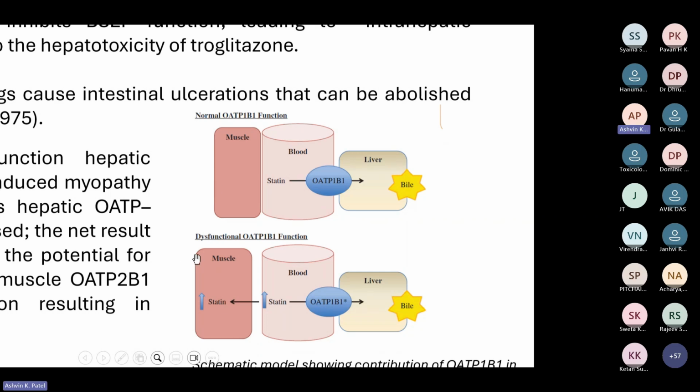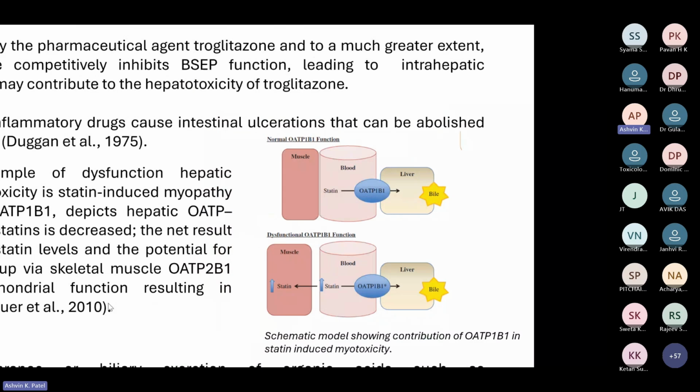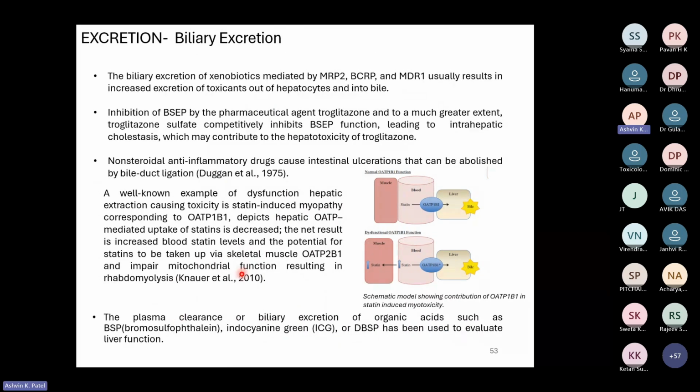When there is inhibition of OATP1B1, statin is not transferred and the availability of statin in muscles and blood is increased, which leads to impaired mitochondrial function and results in rhabdomyolysis.